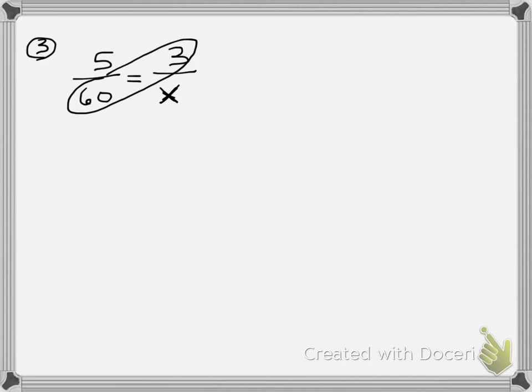We'll do a couple more here. Example number 3. All right, 5 to 60 equals 3 to x. How about I put x again? I'm an x fan. I'm going to keep changing where the missing number is every time. I'm going to first circle the two numbers that make a perfect butterfly clip, the 60 and 3. Those are the two numbers you multiply together, and then when you're done, you divide by the last number available, which is 5.